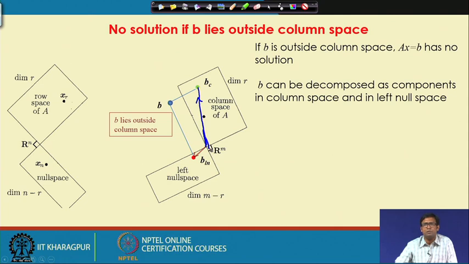So, b can be decomposed into two vectors, one is its projection in the column space, another is the perpendicular part which is its projection in the left null space.